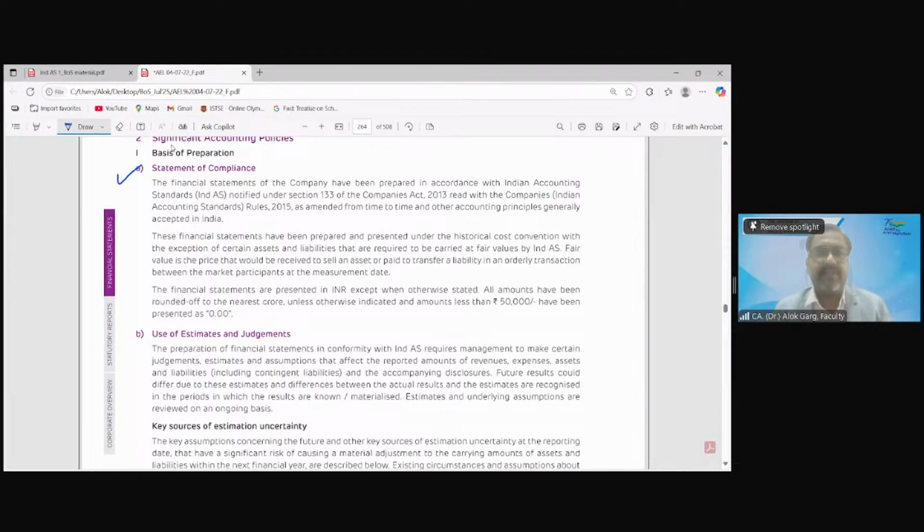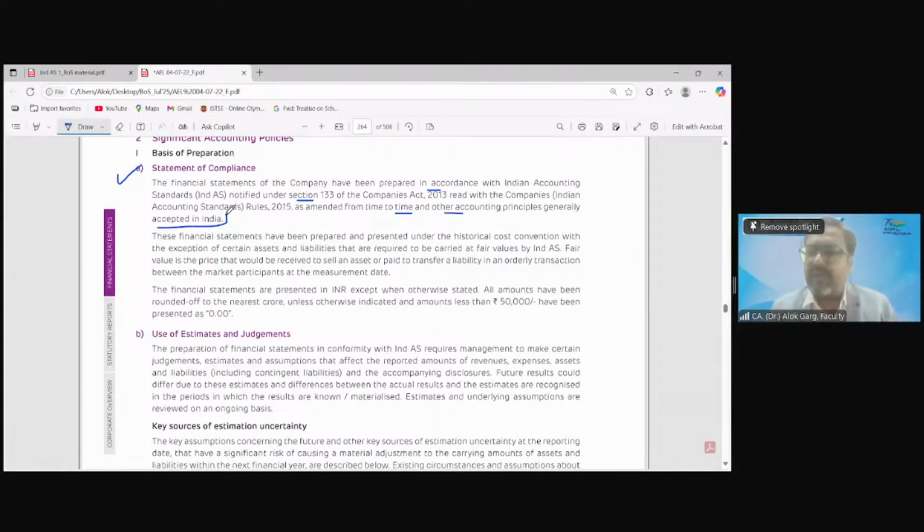See, basis of preparation, statement of compliance. The financial statements of the company have been prepared in accordance with Indian Accounting Standards notified under Section 133 of the Companies Act 2013, read with Companies (Ind AS) Rules 2015 as amended from time to time, and other accounting principles generally accepted in India.